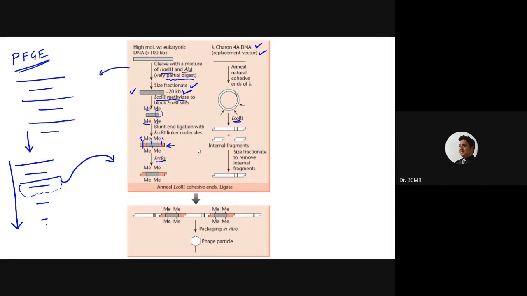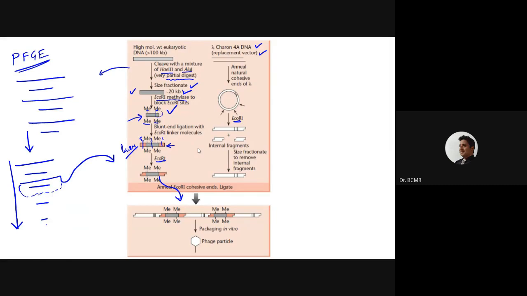So they have used EcoRI methylase to protect all the EcoRI sites that are present on the fragment, and then attach the linkers. Okay. And then you digest it with EcoRI and go for ligation. So alternately, we can use adapters also, but I think working with linkers is easier, provided you have a scenario like this.